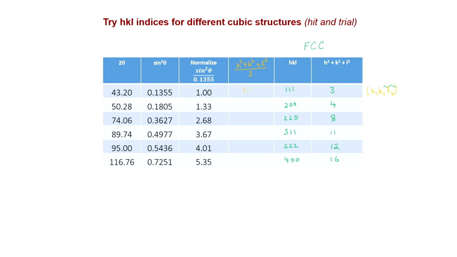If we do this, the first one of course will be 1.00, the second one would be 4 divided by 3, 1.33, the third peak now would be 8 divided by 3, so 2.67, then 11 divided by 3 would be 3.66, then 12 divided by 3, 4.00, then 16 divided by 3, 5.33.